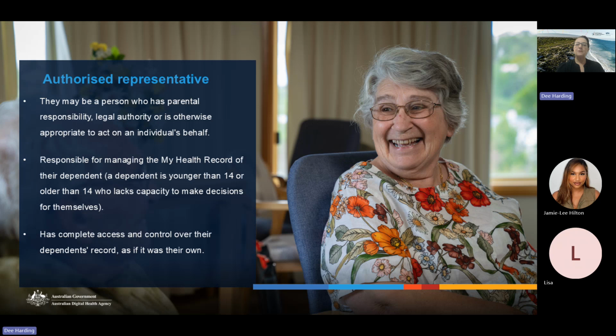Becoming an authorised representative requires an application to the Australian Digital Health Agency. Once the agency has received your application, they will send you a code, not unlike the PAC one that we did previously, in order to link the person with cognitive decline to the authorised representative.